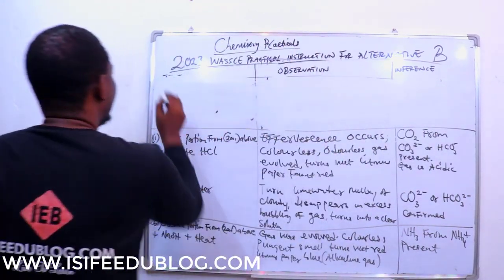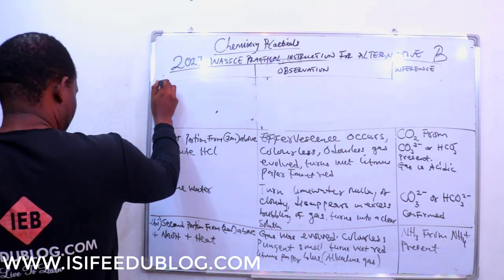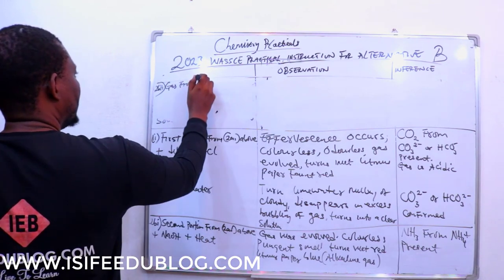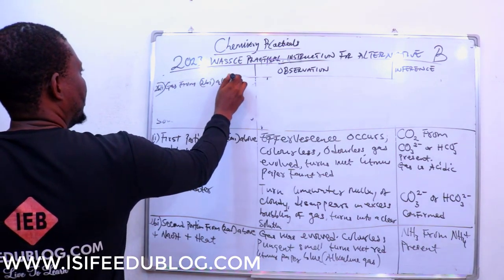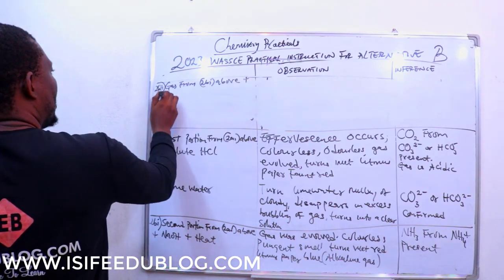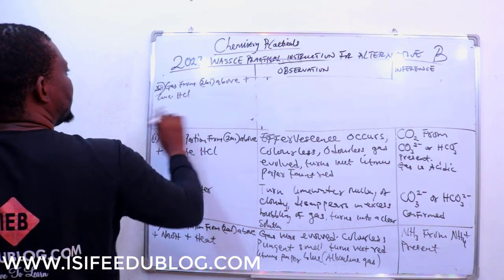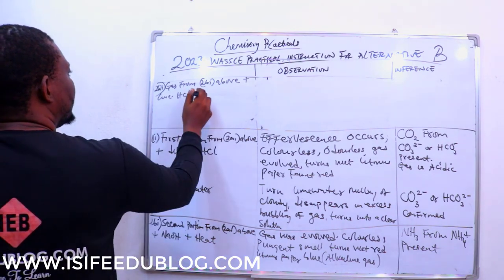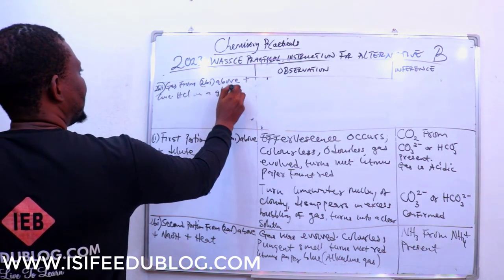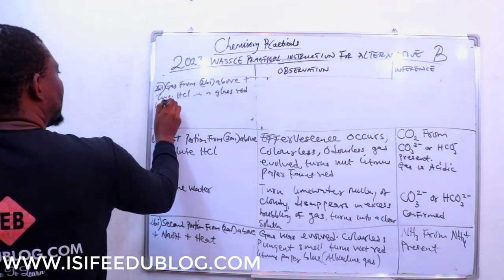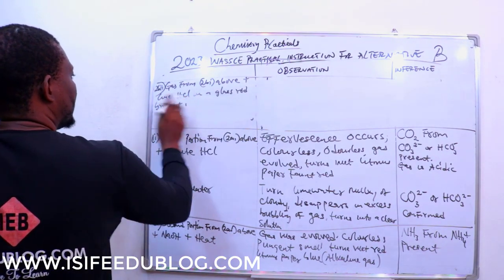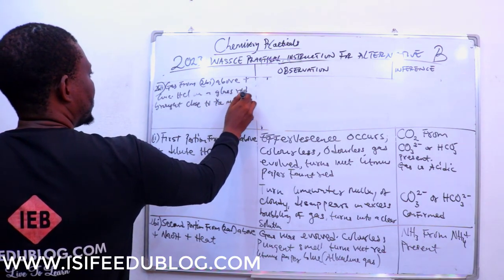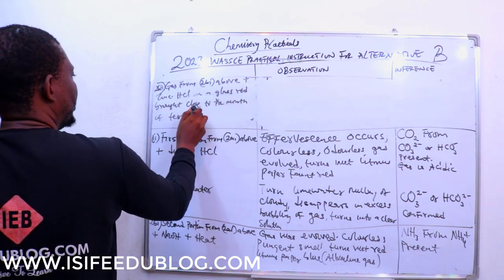So from here could be 2BII: gas from 2BI above plus conc HCl on a glass rod brought close to the mouth of the test tube.